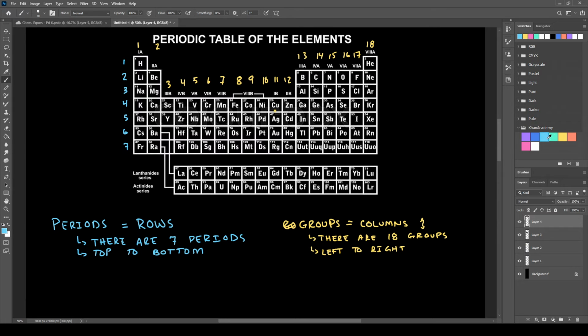So for our example, we are going to do: which element is in the 14th group and third period?